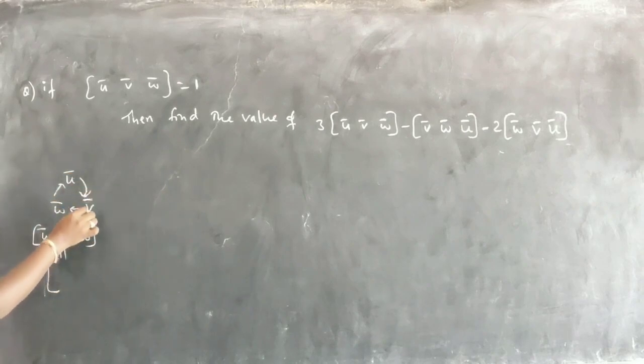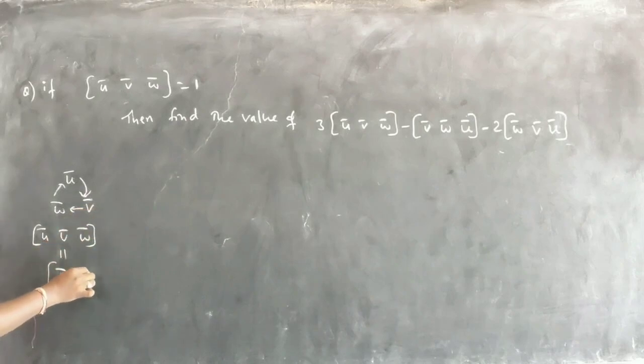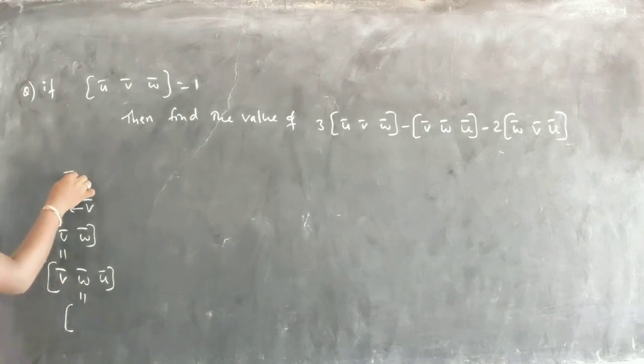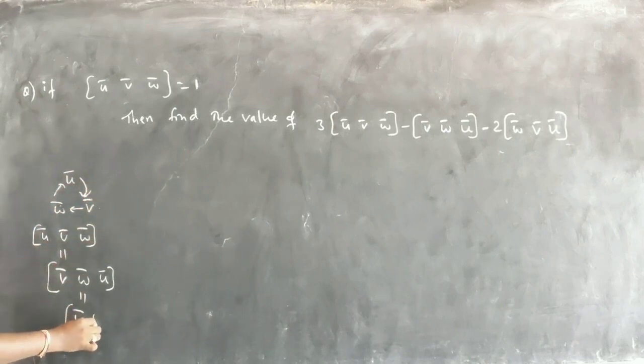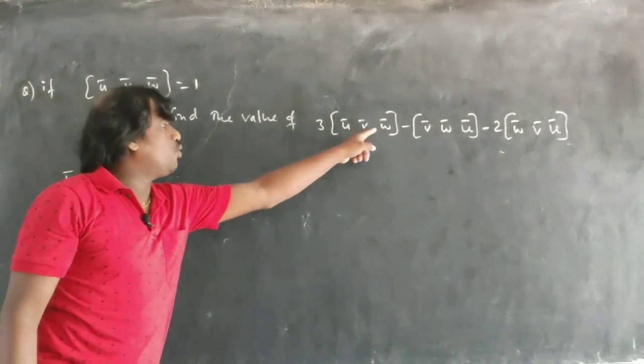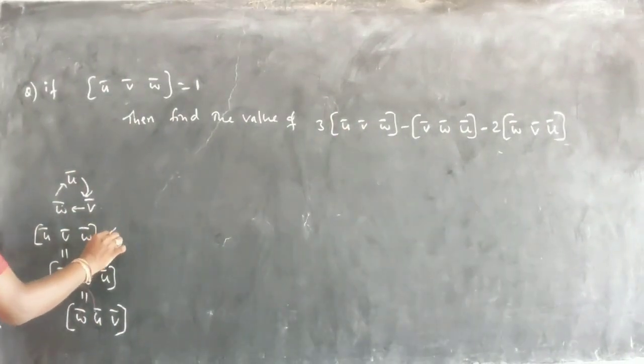UVW will be equal to VWU, and this will be equal to WUV. See which are equal here. UVW, yeah, this is one there, UVW.